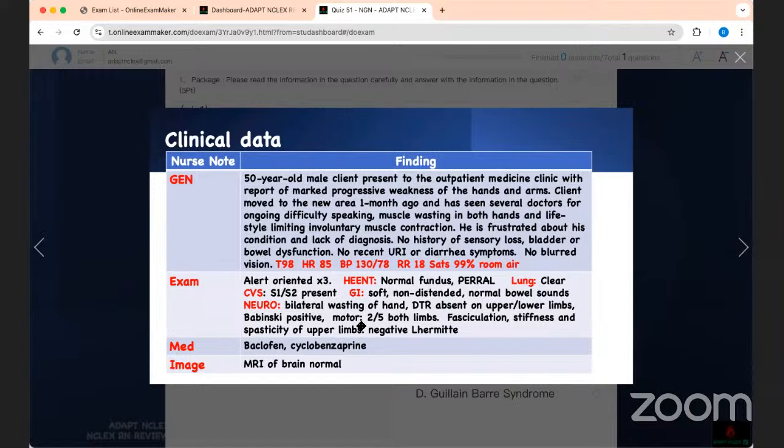He has Babinski. His motor strength is 2 out of 5 in both limbs. He has fasciculation. He has stiffness and spasticity of the upper limb and negative Hermit sign. He takes baclofen and cyclobenzaprine. MRI of the brain is normal.